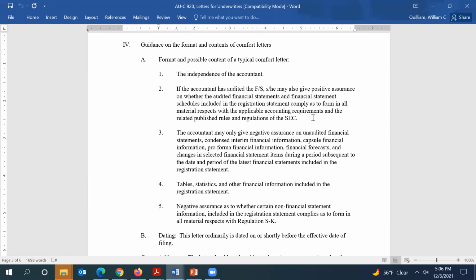We may also give positive assurance in that case on whether the audited financial statements and schedules included in the registration statement comply in form in all material respects with the applicable accounting requirements and the related published rules and regulations of the SEC. So give positive assurance on something which is audited or closely derived from it.